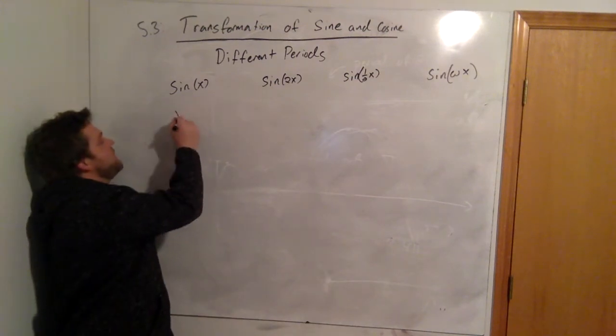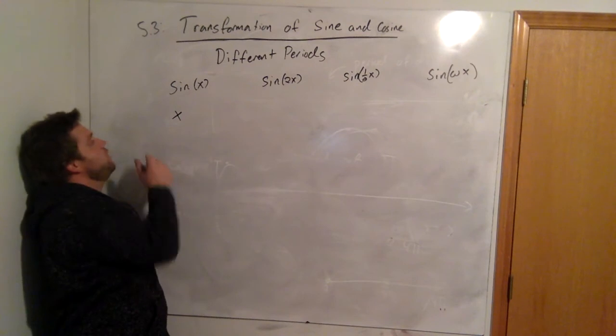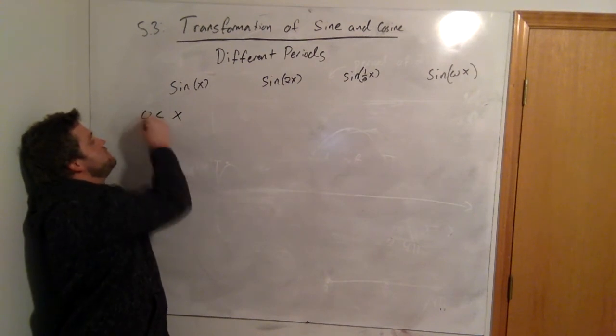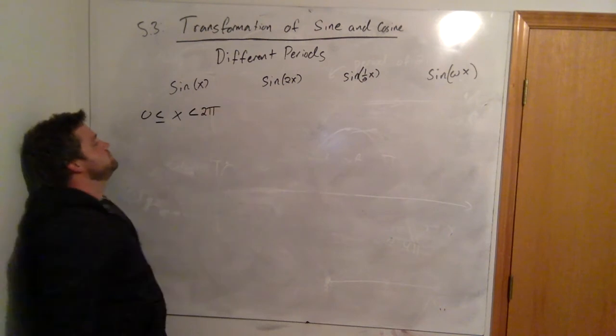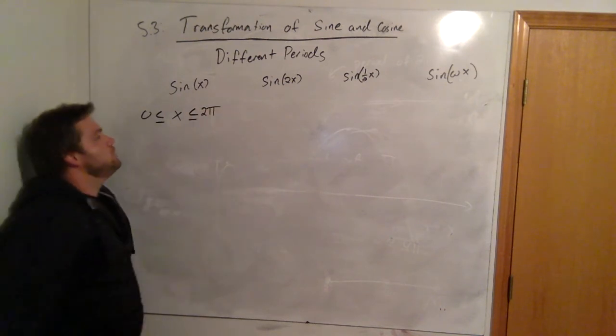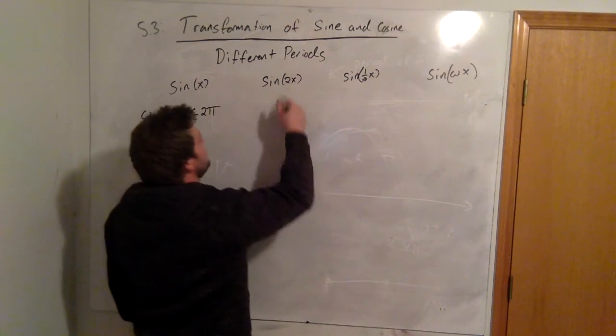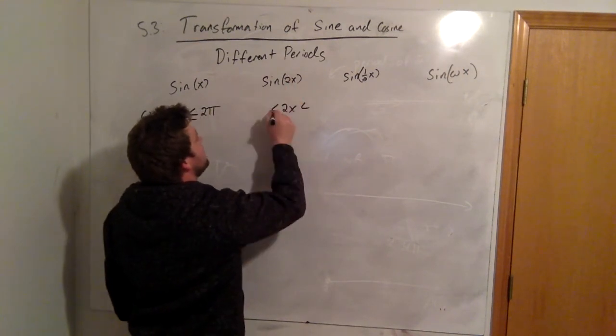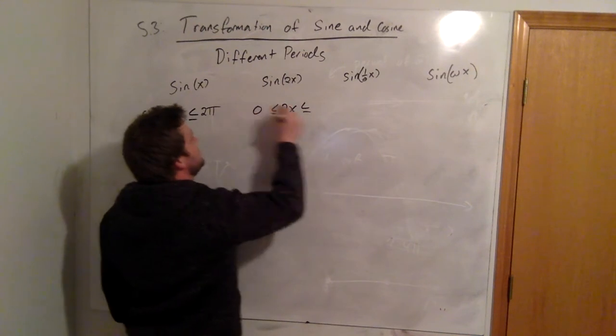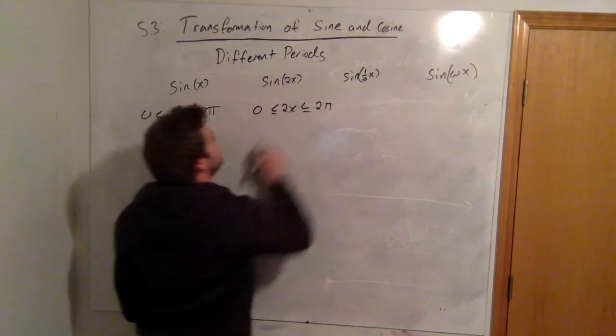Okay, so what would be true here? Well, for one period of sine of x, the x value is going to be between 0 and 2 pi. Over here, the inside of the function would have to be between 0 and 2 pi.